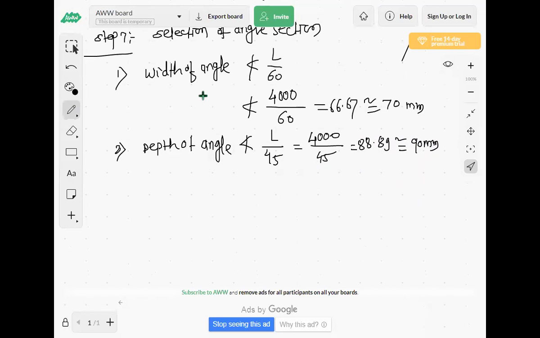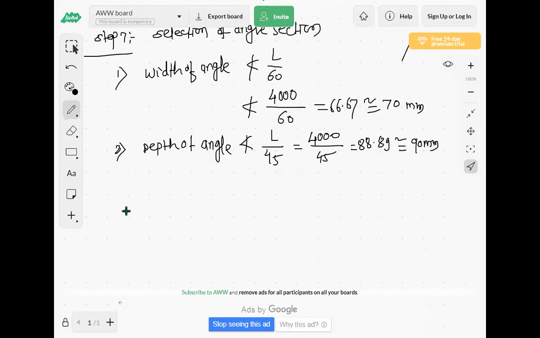Now the width of the angle should not be less than 70 mm and depth of the angle should not be less than 90 mm. That minimum criteria we have to follow, and as per your wish you take the thickness. It may be 6 mm, 8 mm and 10 or 12.